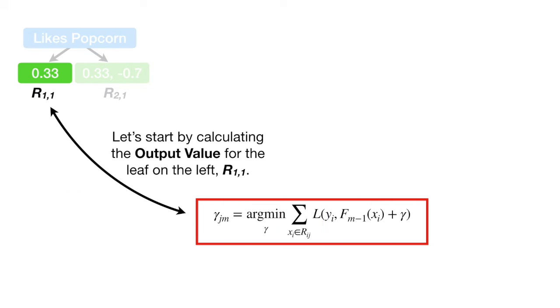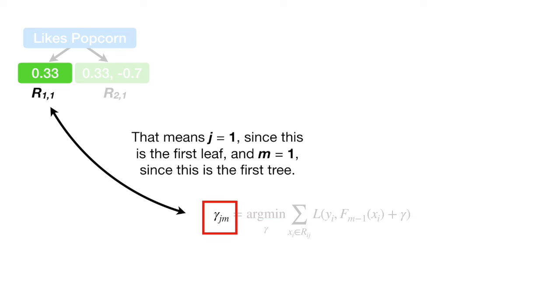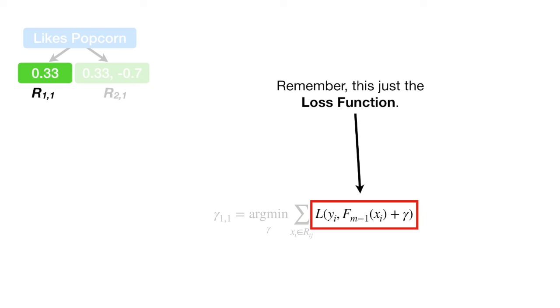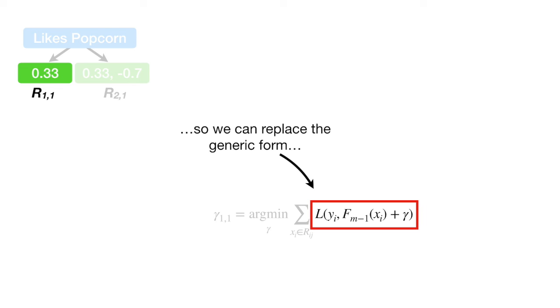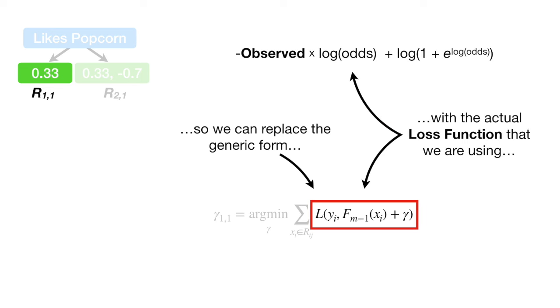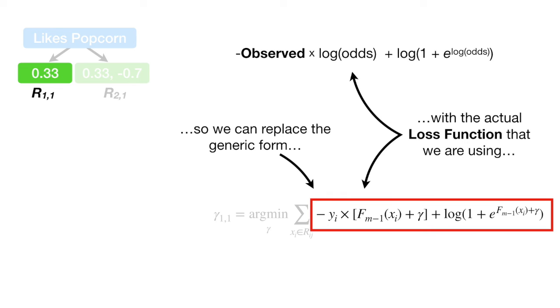Let's start by calculating the output value for the leaf on the left, r sub 1, 1. That means that j equals 1, since this is the first leaf, and m equals 1, since this is the first tree. Remember, this is just the loss function, so we can replace the generic form with the actual loss function that we were using.